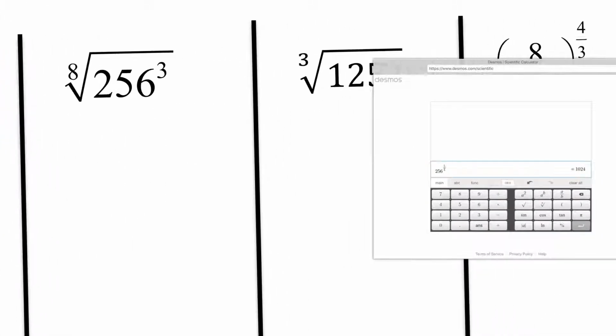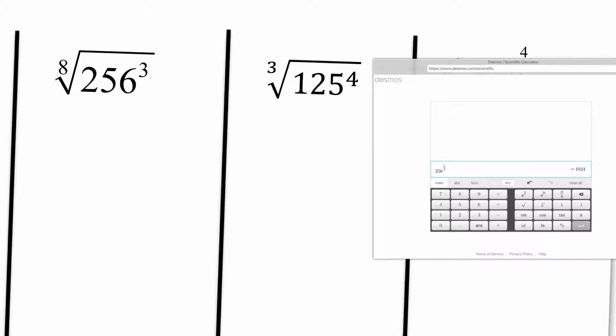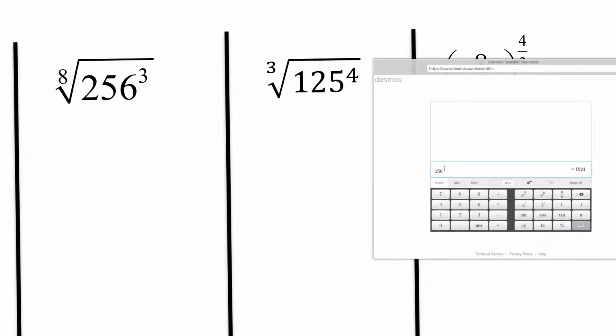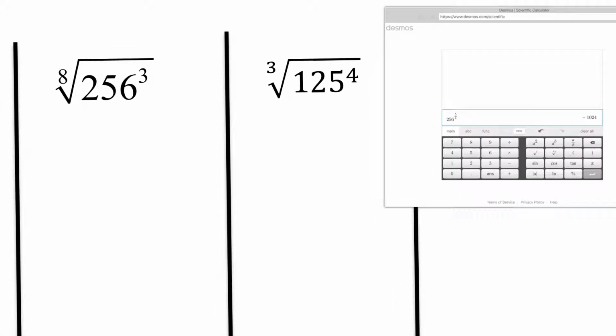And the next two, we want to change into exponential form. What that means is you want to have an exponent as a fraction. So we need to understand what we have. We have the 8th root here. We have the exponent of 3, and the base, or the radicand, is 256. The way you will write it is you start with the radicand, which becomes your base, 256.